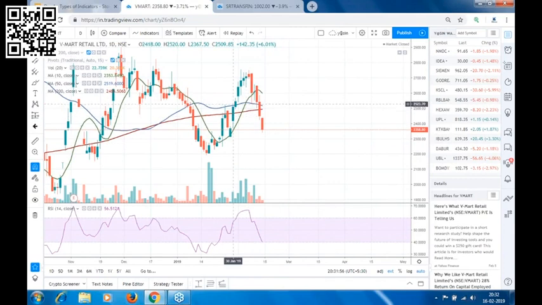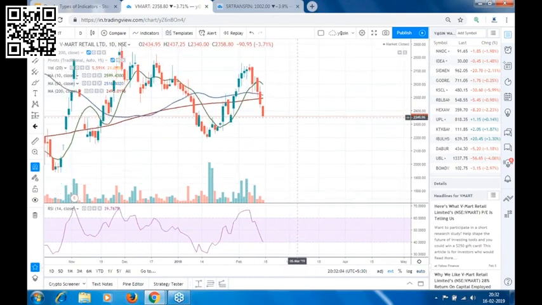Once the stock closed above the 200 period moving average, there is only one-sided movement. That is the reason why the target gets hit in 2 or 3 days. When there is no barrier on top, if you're taking an entry, then you can expect a free movement in the stock, and you can get a good rally in the stock.